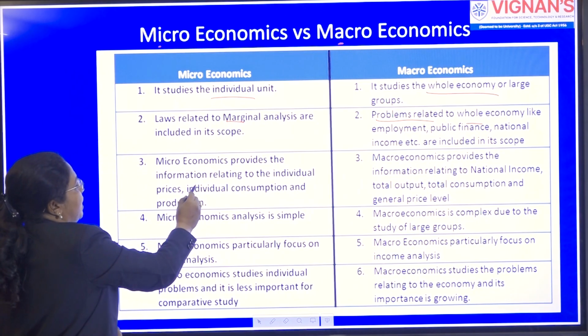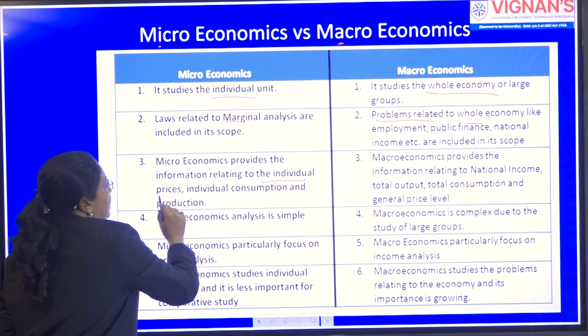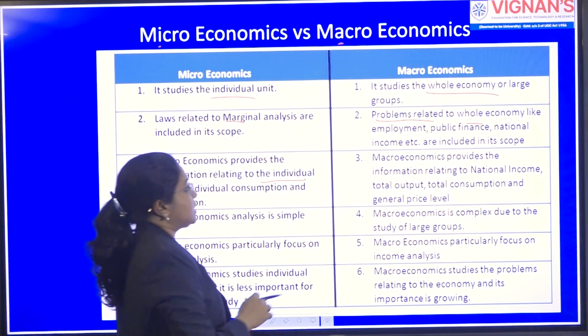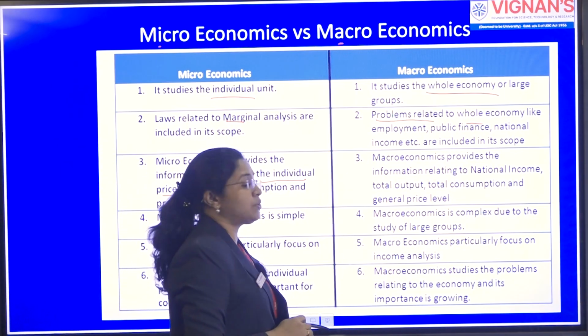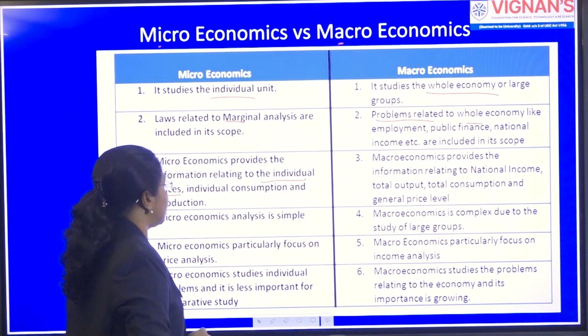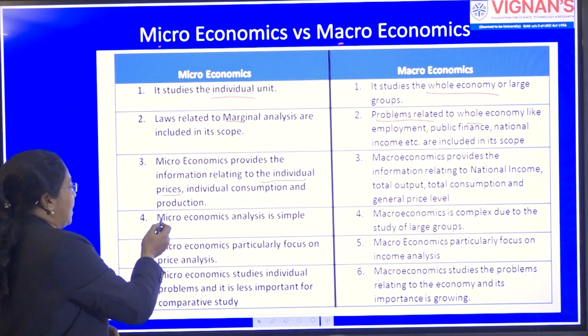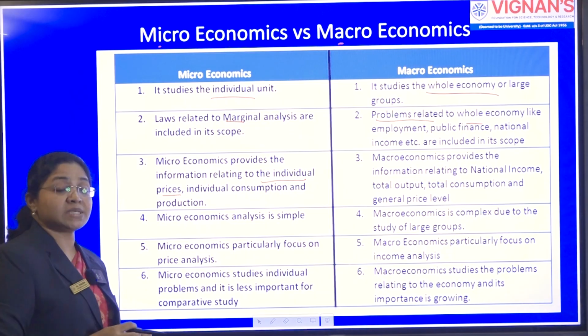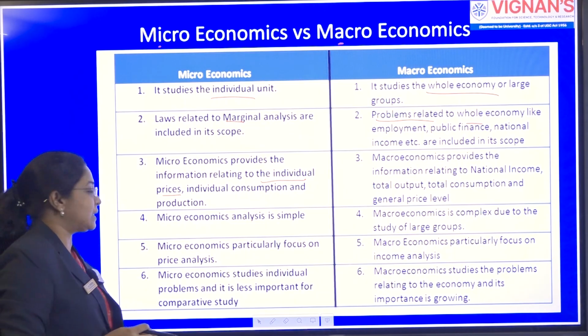microeconomics provides information relating to individual prices, individual consumption and individual production, whereas macroeconomics provides information related to national income, total output, total consumption, the general price level, etc. Then microeconomics analysis is simple, whereas macroeconomics analysis is complicated or complex.